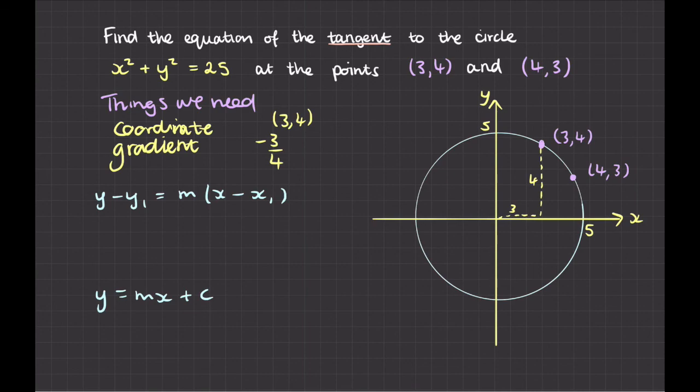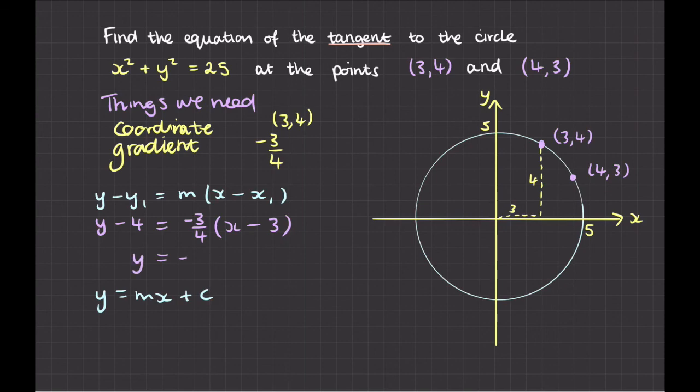So the first way, y minus y1, so y1 is the y coordinate it goes through, which is 4. The gradient m is minus 3/4. x minus x1, so the x coordinate is 3. Okay, what I need to do now is expand these brackets and add 4 to both sides.